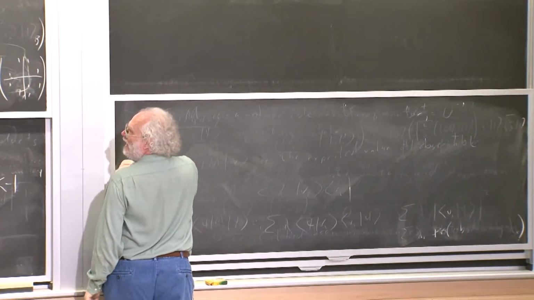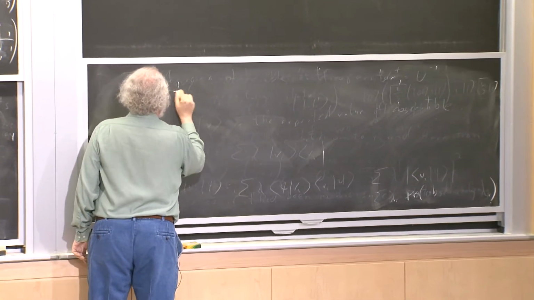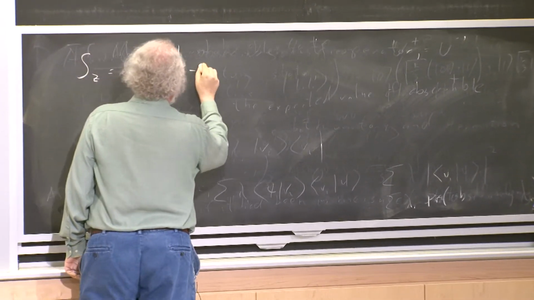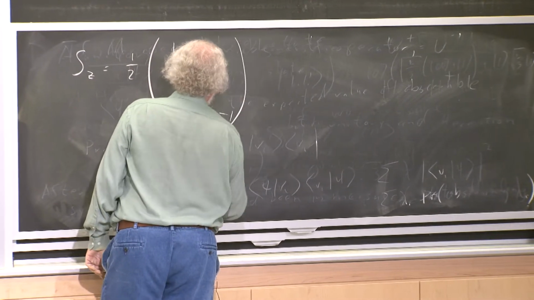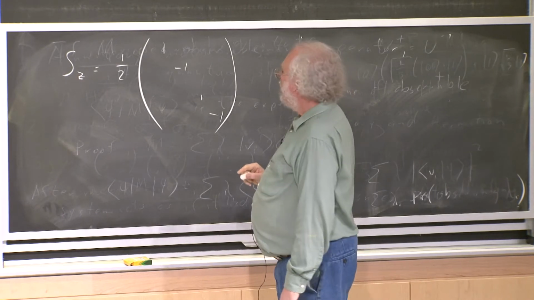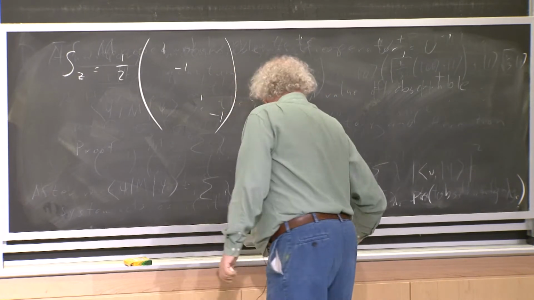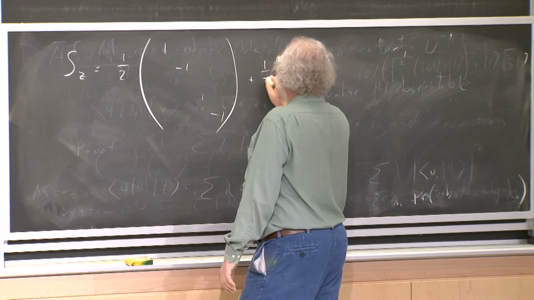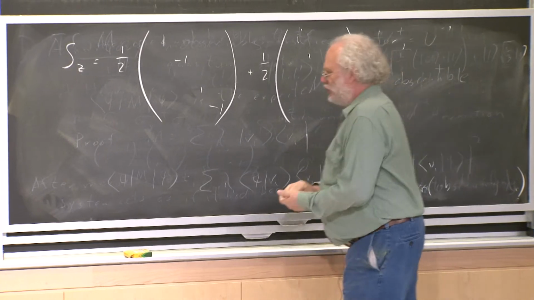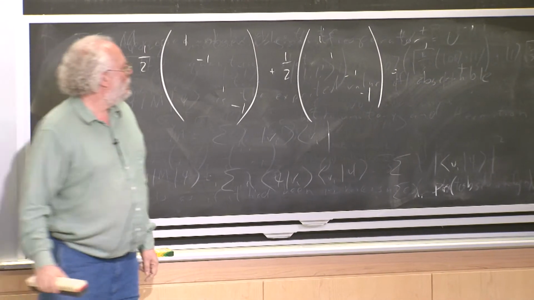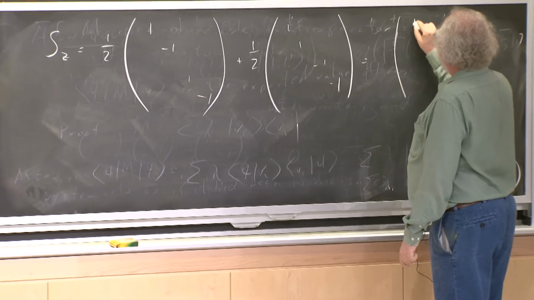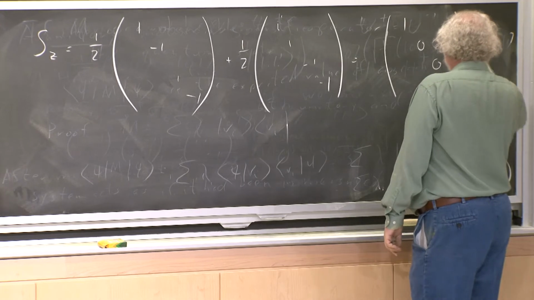And let's do S sub z equals 1/2 times 1, minus 1, 1, minus 1, plus 1/2 times 1, 1, minus 1, minus 1, which is equal to 1, 0, 0, 1.